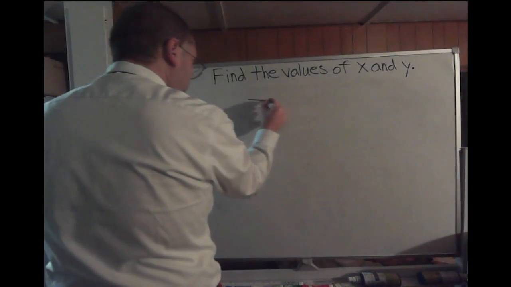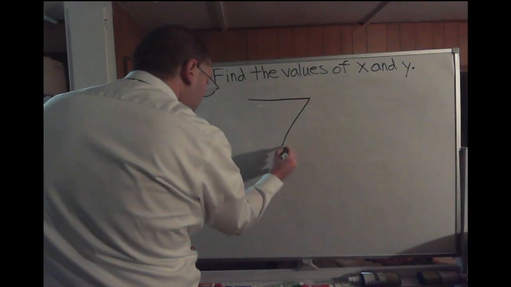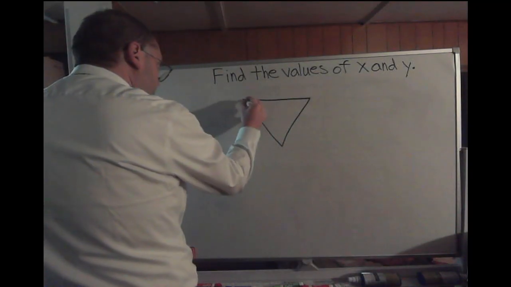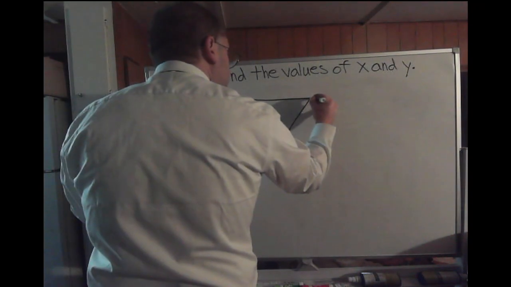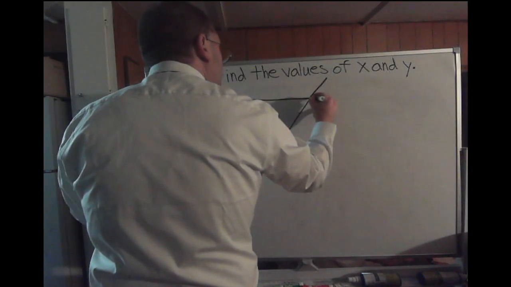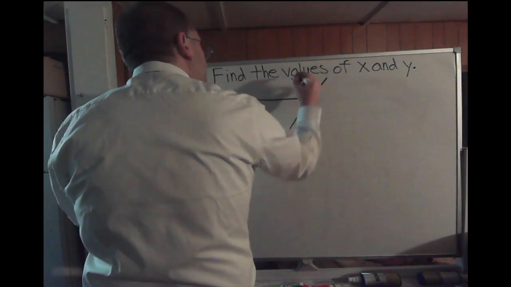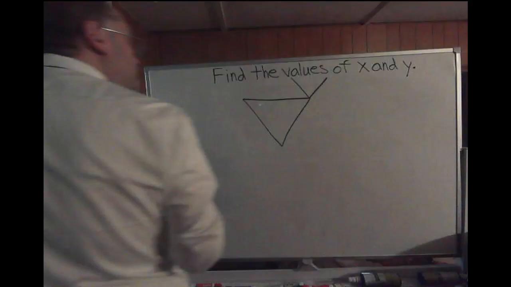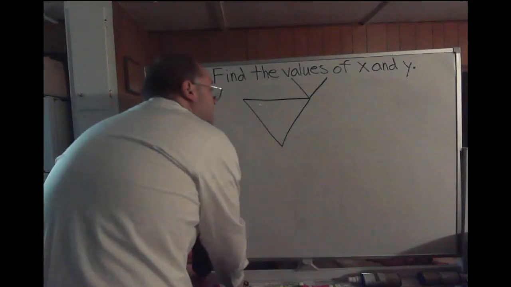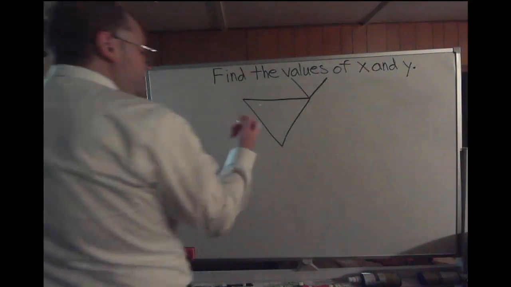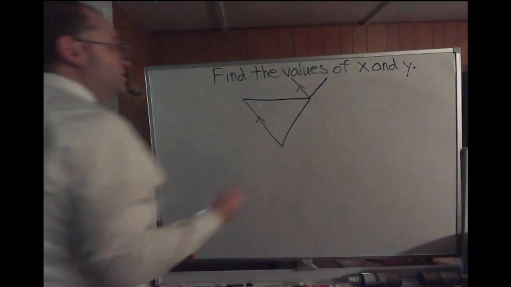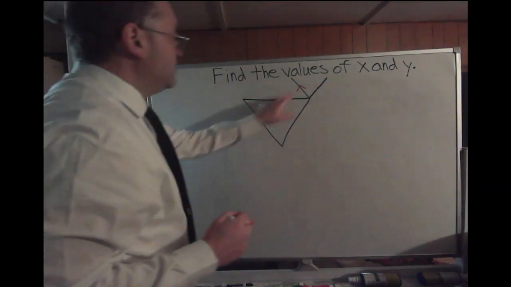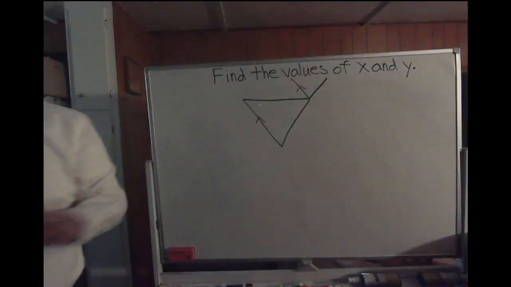So first thing, draw a nice triangle, and then extending from that triangle, this extends a little more, and then this extends. Alright. And then we can use the fact that these two lines here run parallel to each other. So these two lines in the diagram will run parallel to each other.